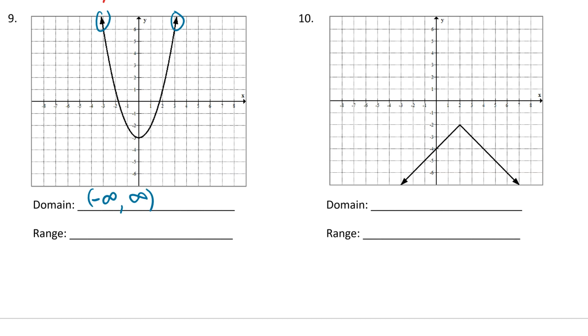All right, and then the range. So for range, we look for the bottom point. Bottom point is going to be -3 in this case. And then the top point. See an arrow, means it goes all the way to infinity.